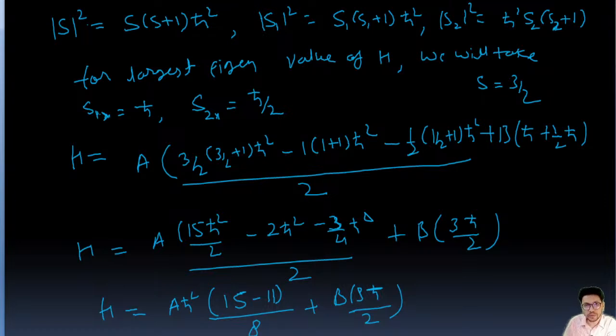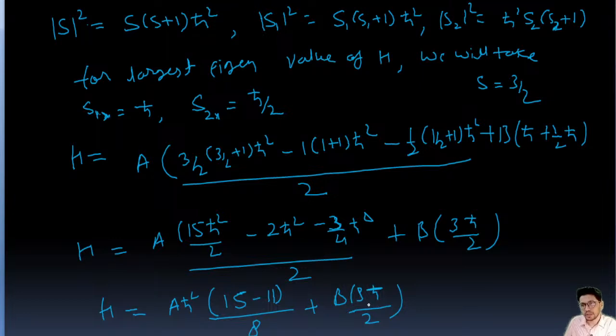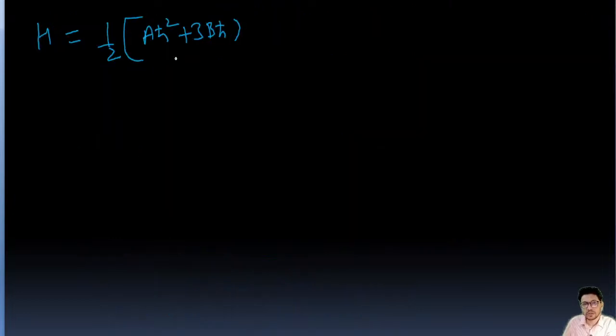And 1 by 2 we'll take common. So this is going to be 1 by 2 times a h cut square plus 3 b h cut, right? So this is the answer.